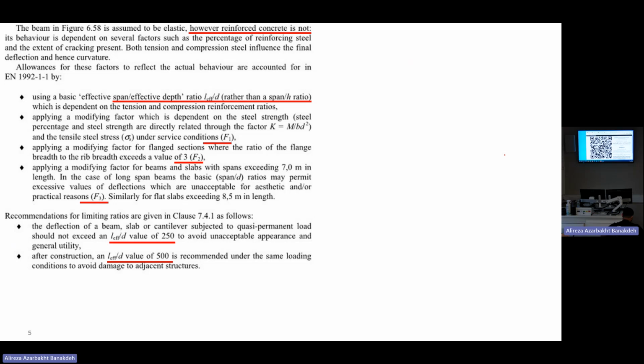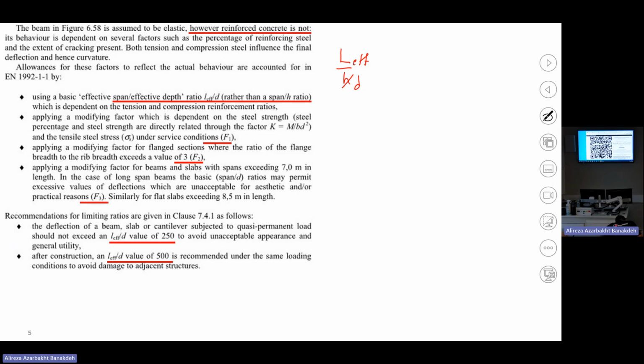Eurocode says, okay, we talked about L over H, but it makes better sense if we say L effective over D instead of H. Because D is the effective depth, depth minus cover, something like that, right? D is more important to the design.